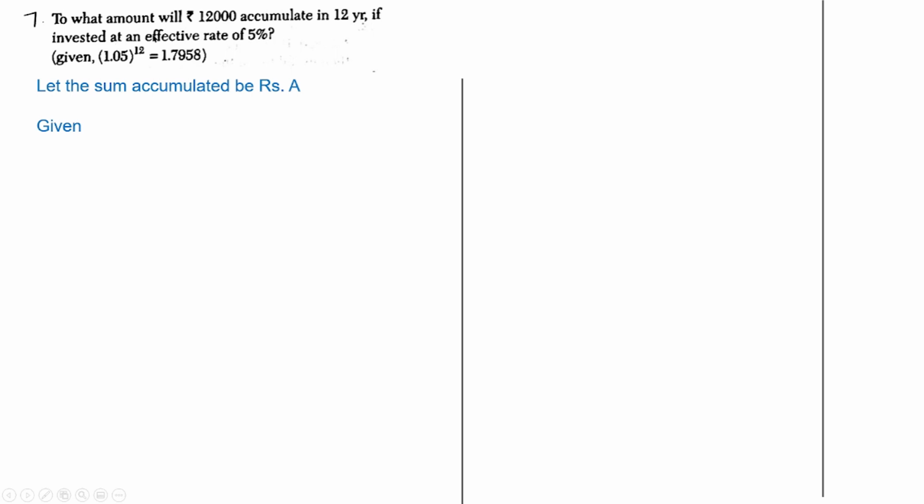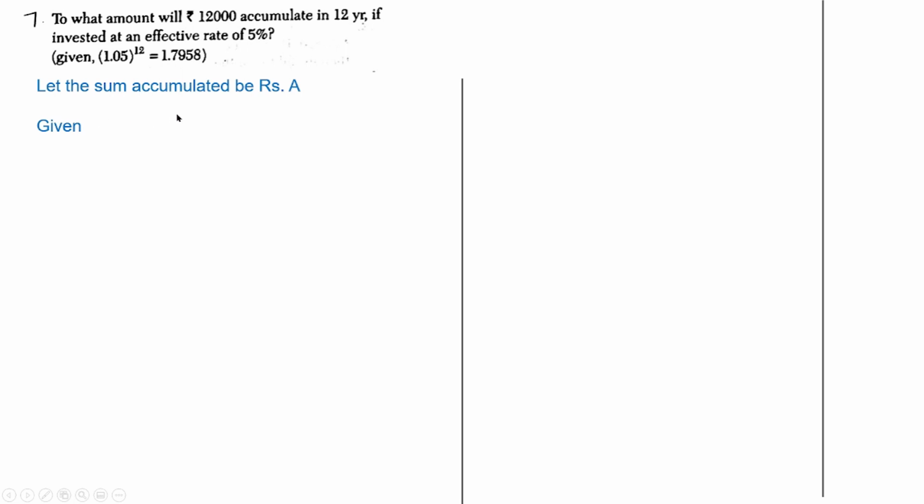Next question, to what amount will rupees 12,000 accumulate in 12 years if invested at an effective rate of 5%? So we need to find the amount 12,000 will accumulate in 12 years if it is invested at an effective rate of 5%.